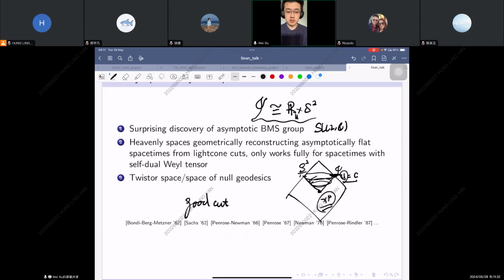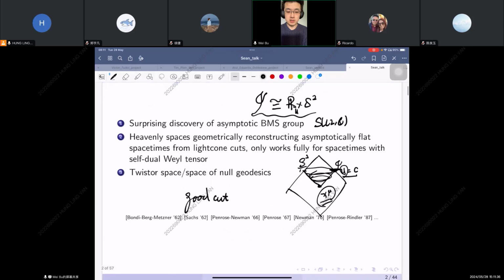This is some construction called twistor space. It's the toolbox I'm going to use today. But you see, the reconstruction problem in 4D asymptotically flat spacetimes started in the 60s and 70s. It's not something completely new. People have tried these ideas before, and twistor theory was very much a big part of the solution back at the time.